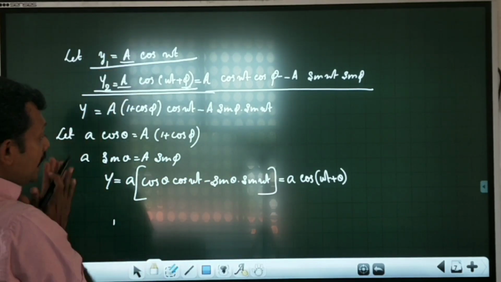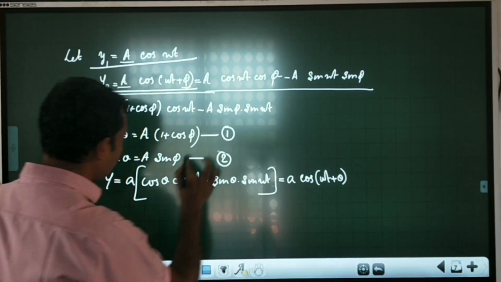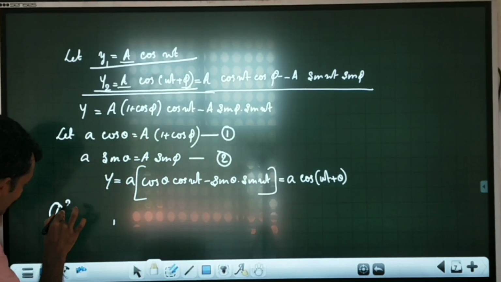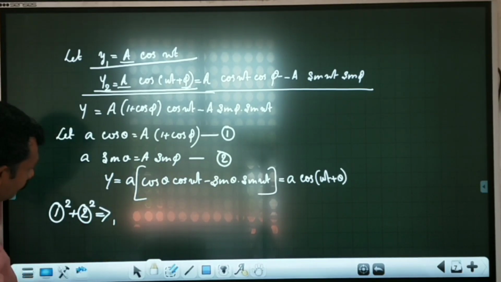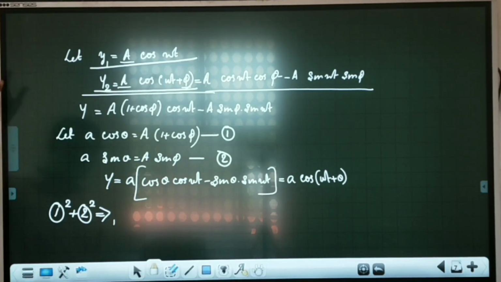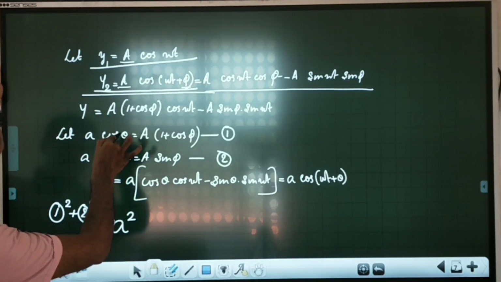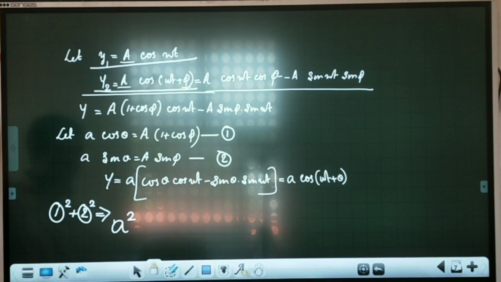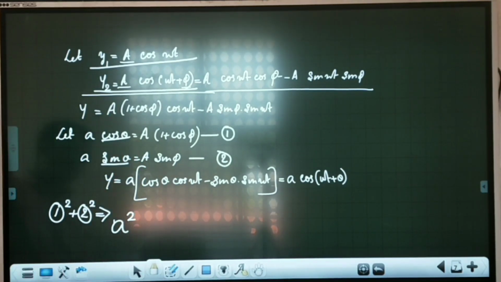Now we are getting the equation like this. This is equation number 1, this is equation number 2. So what will equation 1 square plus equation 2 square give you? The left side is a square, because a square cos square theta plus a square sin square theta, and cos square theta plus sin square theta is equal to 1.